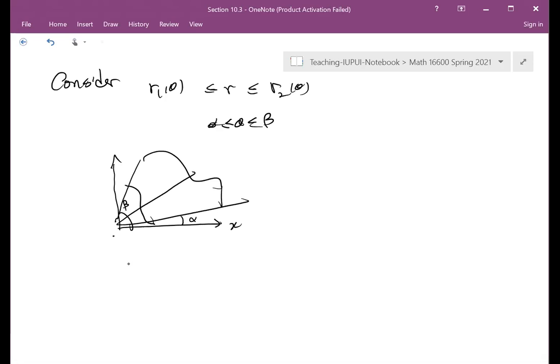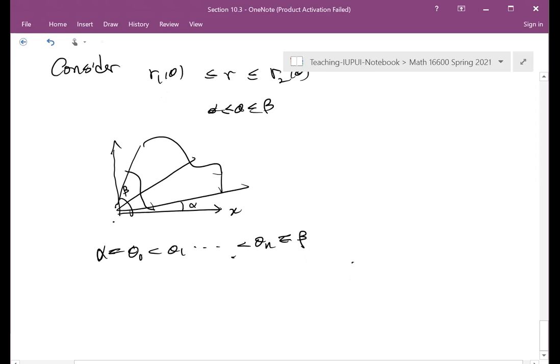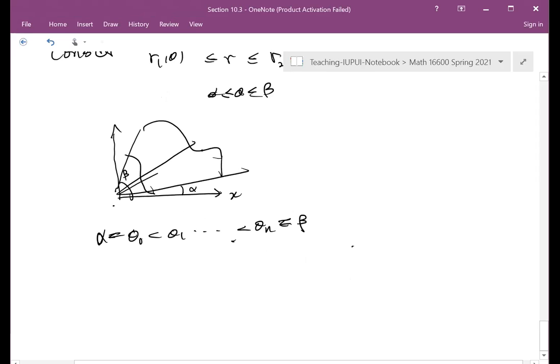So we have to derive a formula. I'm going to divide the angle into many sub-intervals. Then I get a small section.